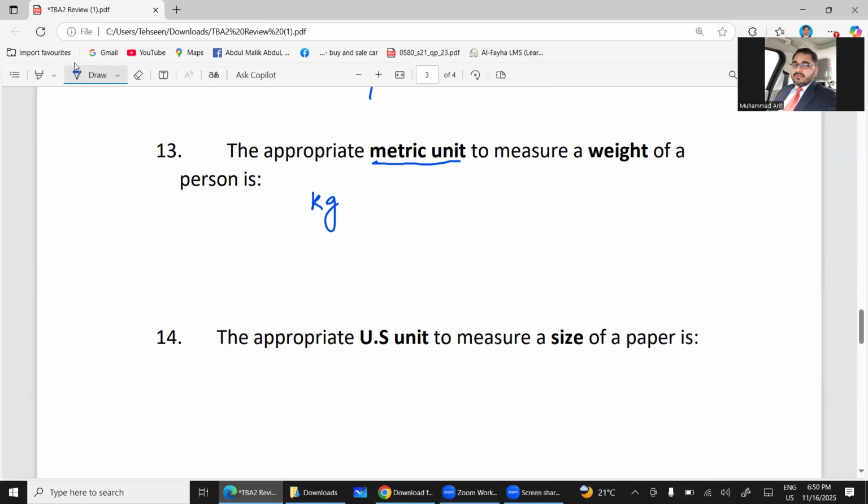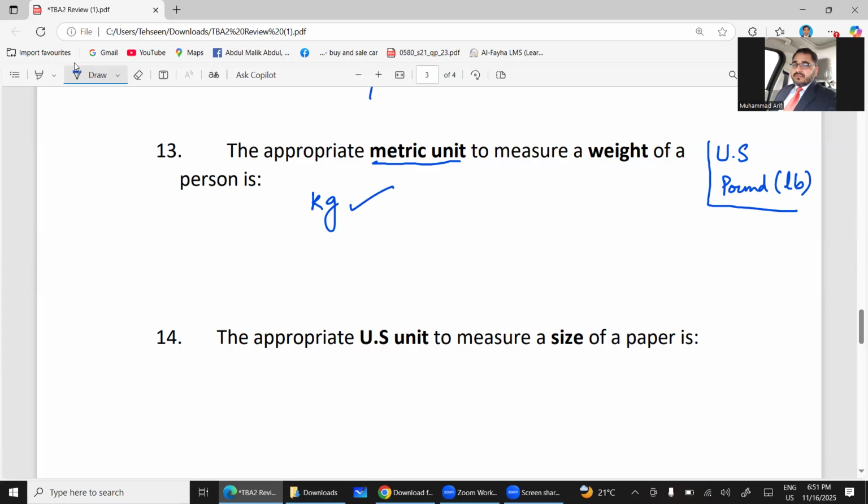In the customary system, the US system, we use pound, or you can write lb. This is the US unit to measure the weight of a person. But in the metric system, kilogram is the unit. Here our answer is kilogram.